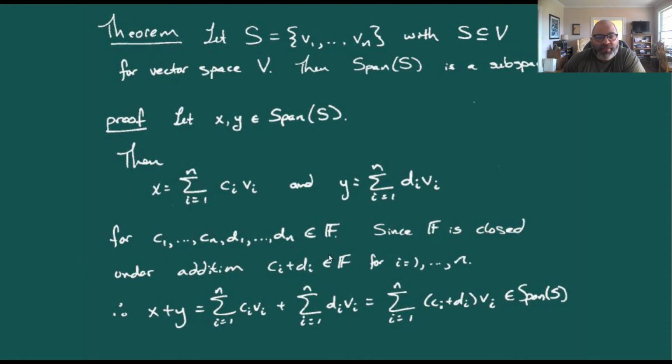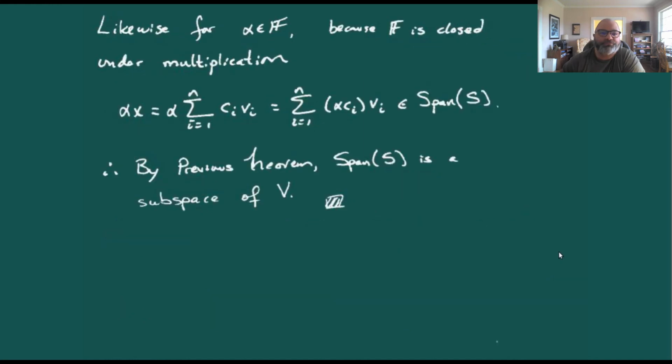Since our scalar field F is closed under addition, ci plus di is a scalar. So if we add these together, regrouping and combining like terms with respect to the vi, we get another linear combination that is in our span S.